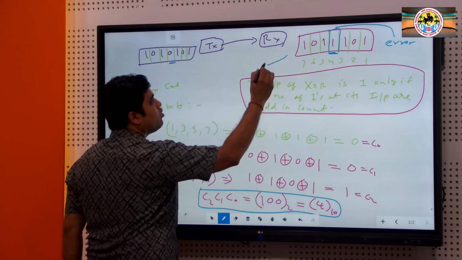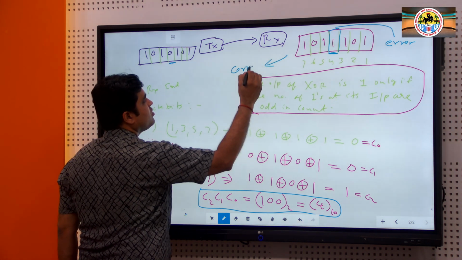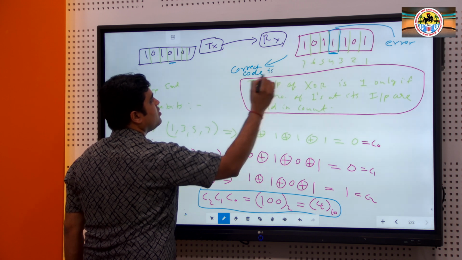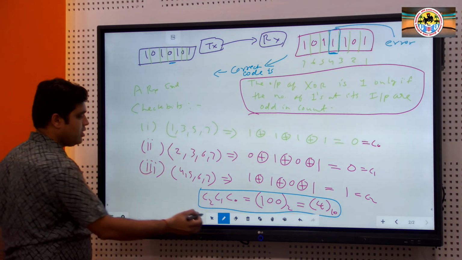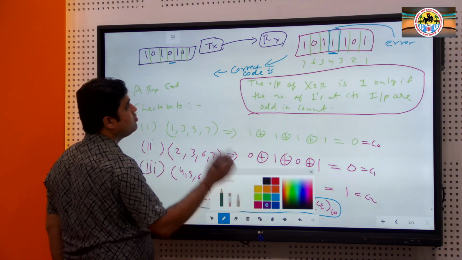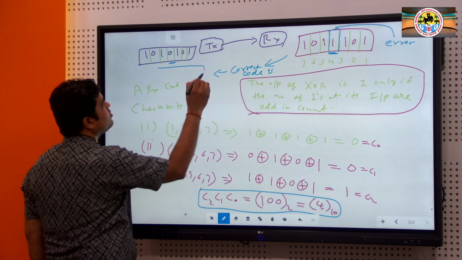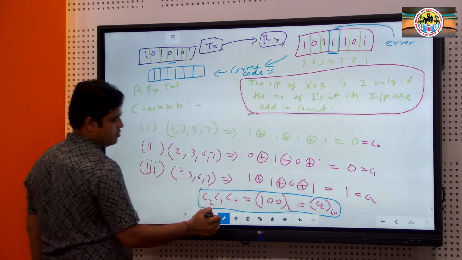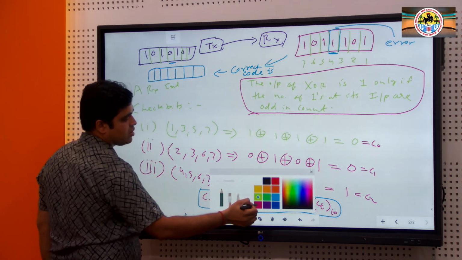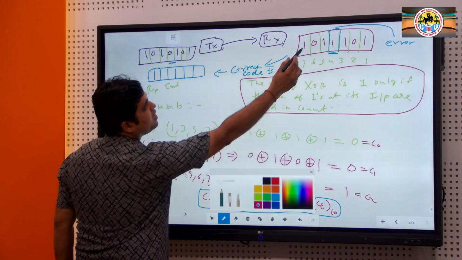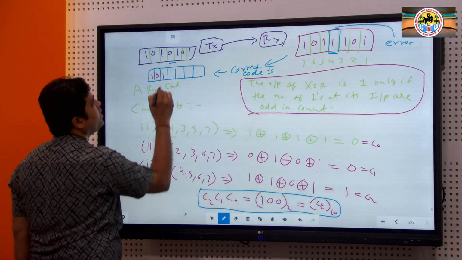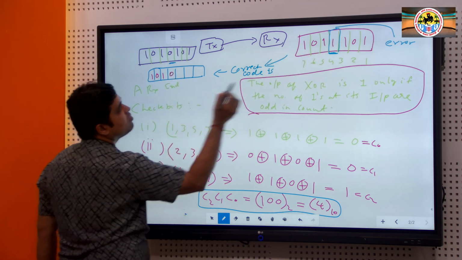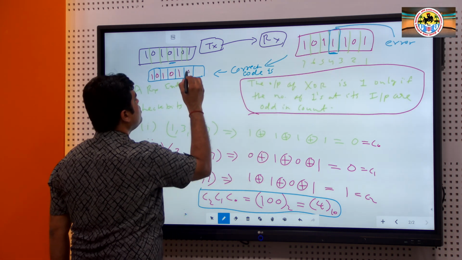Now, the correct code would be 101 101. This bit would be inverted: 0101101.